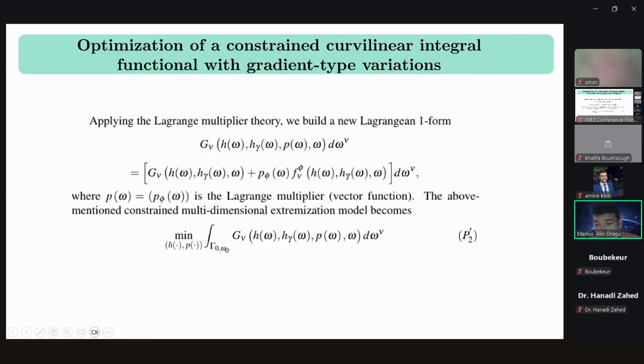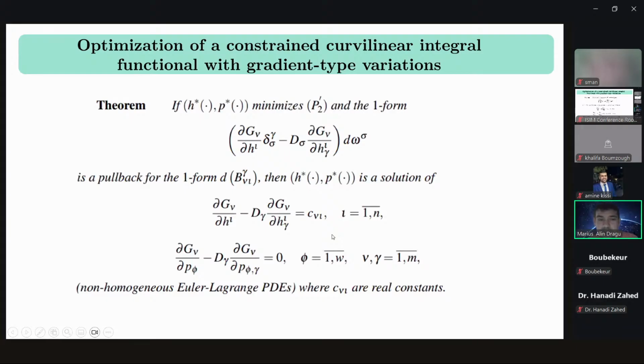This strategy helps us to change the first constrained optimization problem into unconstrained one. In this case, we have the new Lagrangian composed from the H function, H gamma, omega, and the Lagrange multiplier P. As I said at the beginning of this presentation, we established the necessary conditions of optimality for feasible solution.